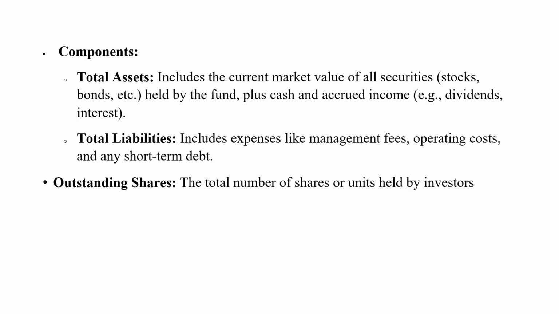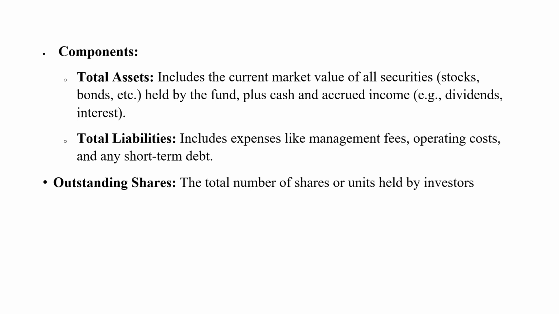Let me give an example for NAV value. Suppose a mutual fund's securities are worth $100 million as an asset, in the form of securities. Then add cash equivalents of $20 million, and some accrued income of $5 million.